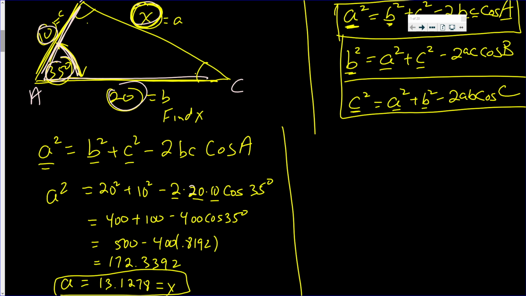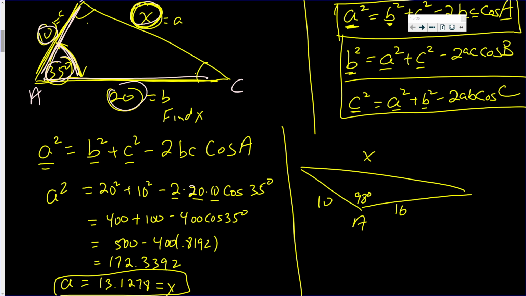Let's try this problem. You have this triangle. You're given these two sides and the angle in between them, or the side opposite it. That's what you want. Now you can label this any way you want.